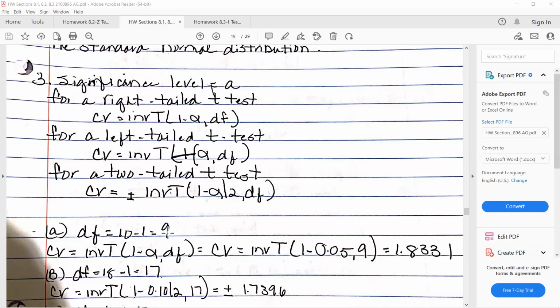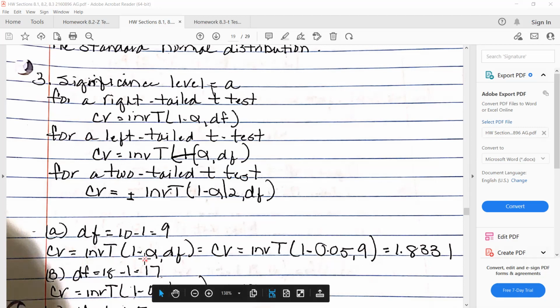This is a right tail test in letter A, we just saw. So you're going to use this first rule here. Let me spotlight it right here. You're going to use this first rule for a right tail test. Inverse T, 1 minus alpha.